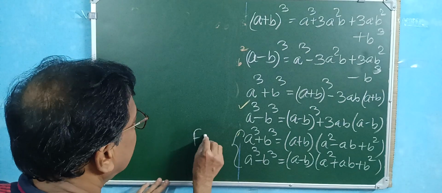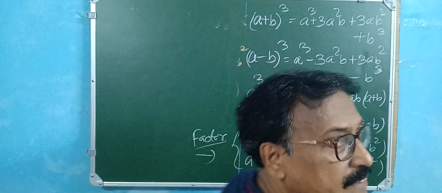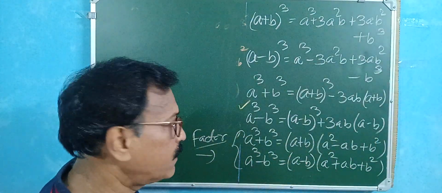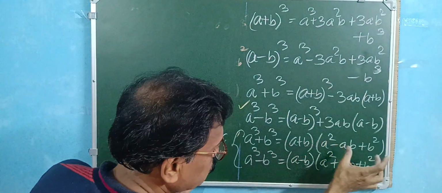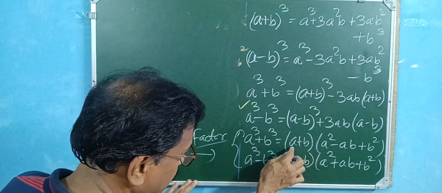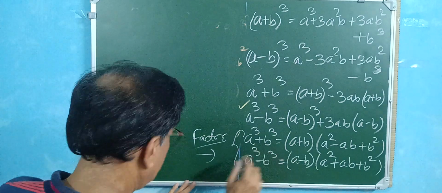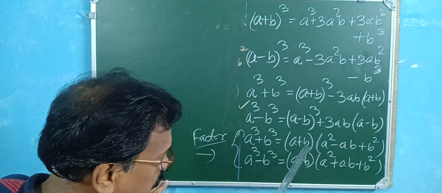But specially these two formulas are actually used for factorizing an algebraic expression. Factorize means writing as a multiple relation. So here A³ + B³ equals (A + B) times something, a multiple relation, these two multiply. Suppose you divide A³ + B³ by (A + B), you get the answer. If you divide A³ + B³ by (A² − AB + B²), you get the answer.